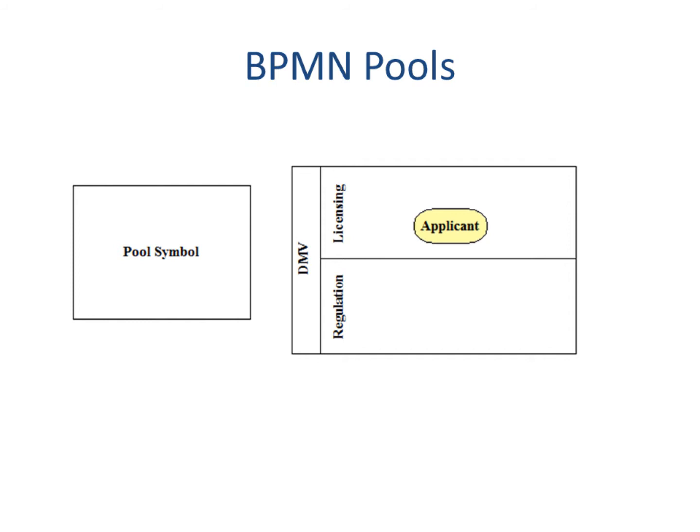A lane is a subpartition within a pool and will extend the entire length of the pool, either horizontally or vertically. Lanes are used to categorize the activities in the pool. If there is only one lane, then the lane shares the name of the pool.